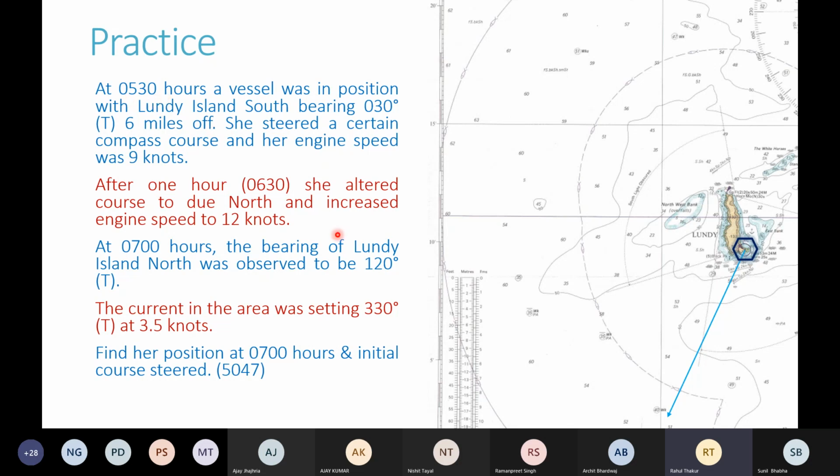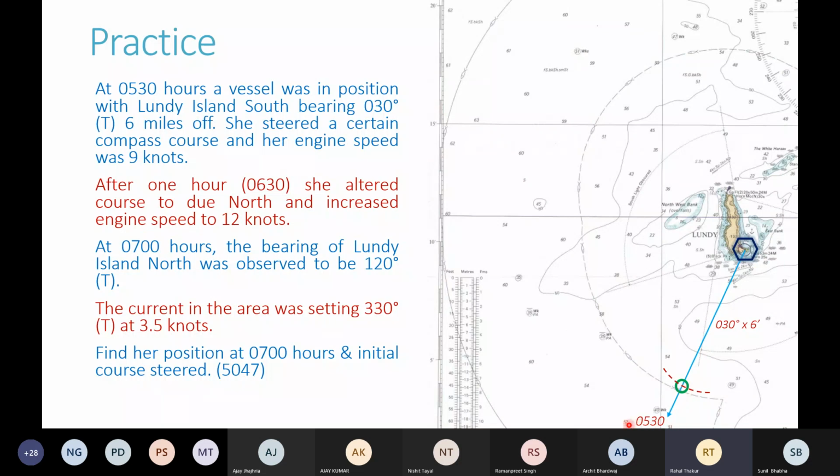So let's plot this position. You can see the 030 bearing being plotted on the chart. Now on this line, with a bearing of 030 and a distance of 6 miles off, if you make an arc with a radius of 6 miles centered at this particular light, the point where the arc cuts this bearing line is our position for 0530.